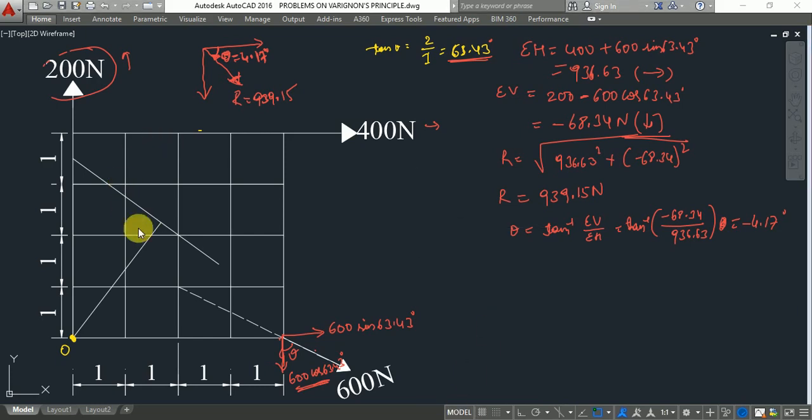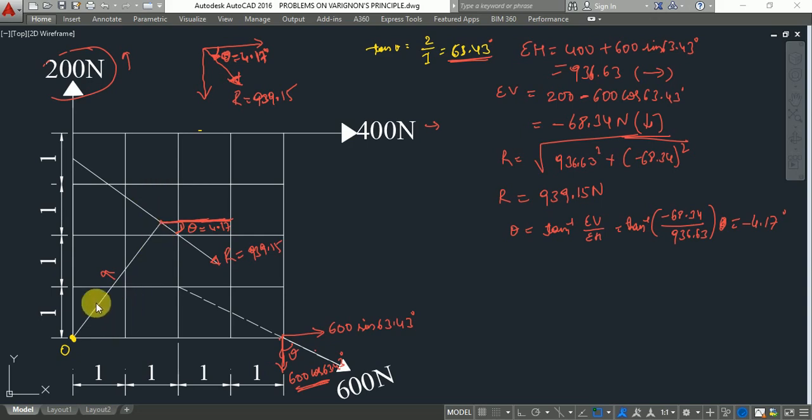This is the perpendicular distance R, and this is the resultant whose magnitude is equal to 939.15, and this is the angle theta, right? This resultant is making an angle 4.17 degrees with horizontal.